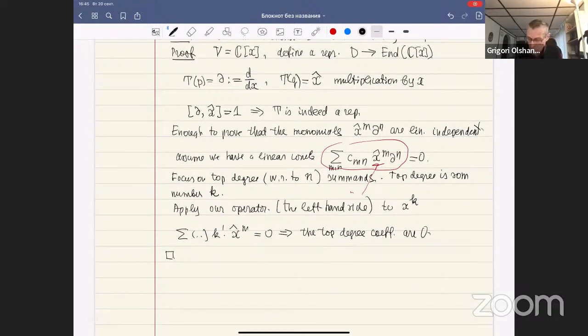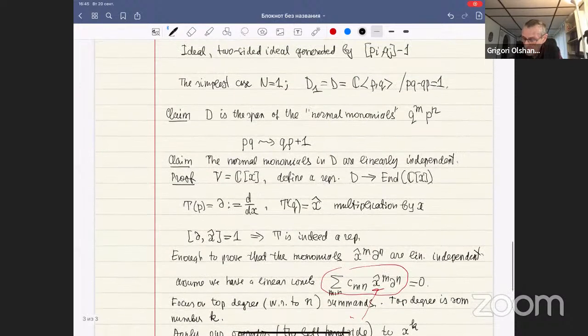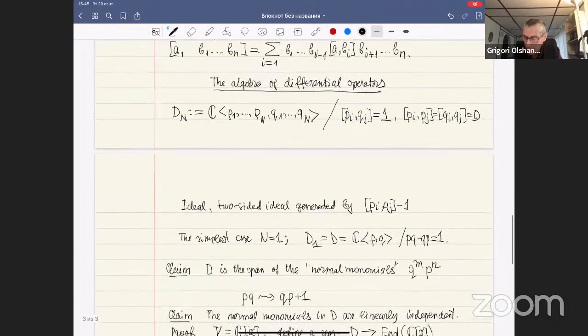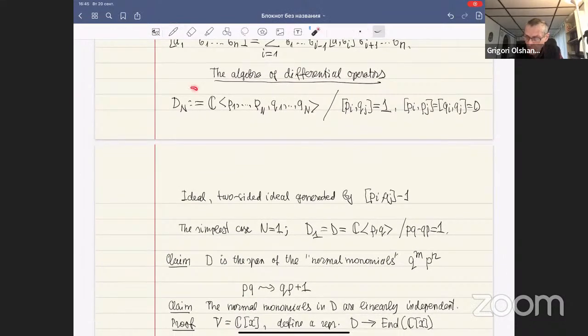And the same holds for the algebra Dn with these commutation relations.